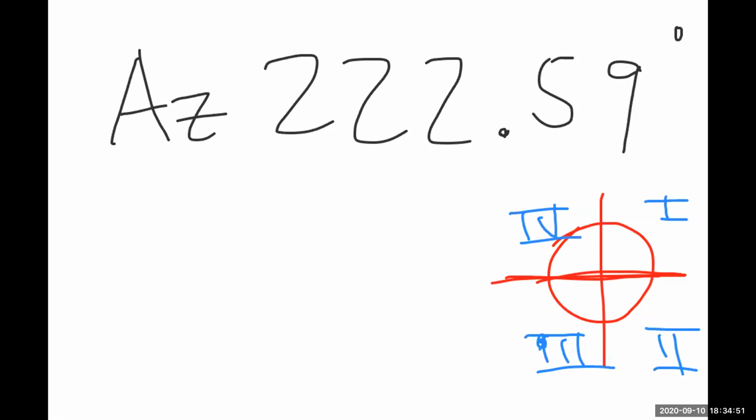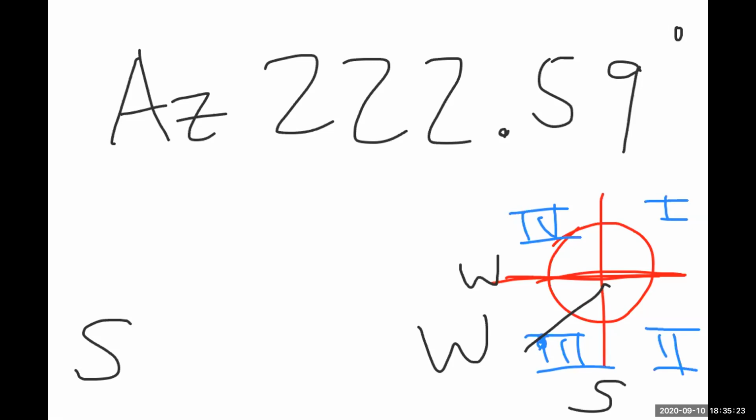The third quadrant is 180 to 270, so we know that it falls between 180 and 270. So we're in quadrant 3. If we're in quadrant 3, this is south, this is west. I know that my bearing is going to start with an S and end with a W. It's going to fall approximately there somewhere.